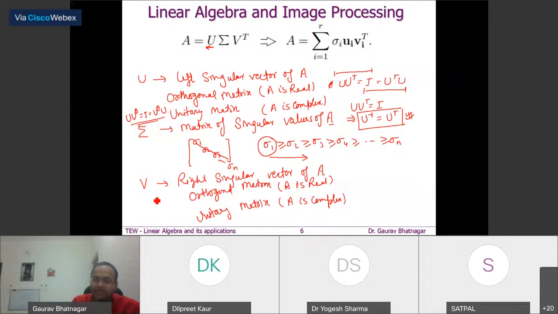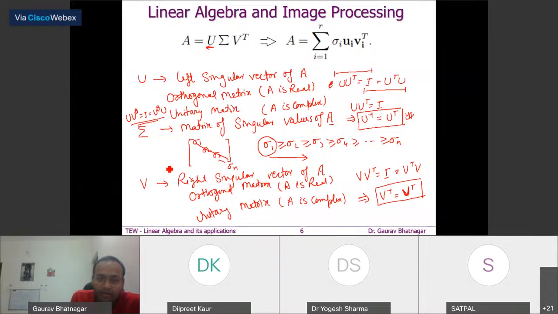And again, since it is an orthogonal matrix, it is going to follow the relation V^T V = I = V V^T, and this essentially says that V inverse is going to be V transpose. So the matrices U and V are going to be invertible as well as orthogonal, and Sigma is going to be a diagonal matrix having all the singular values on the leading diagonal.